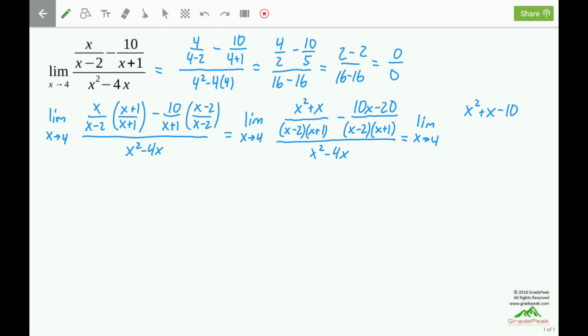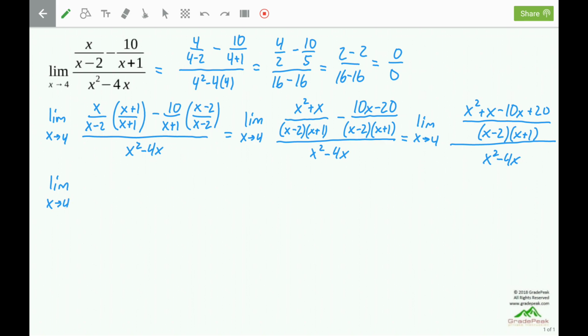It will be a minus 10x and then a plus 20. All of this over x minus 2, x plus 1, and then the entire thing divided by x squared minus 4x.